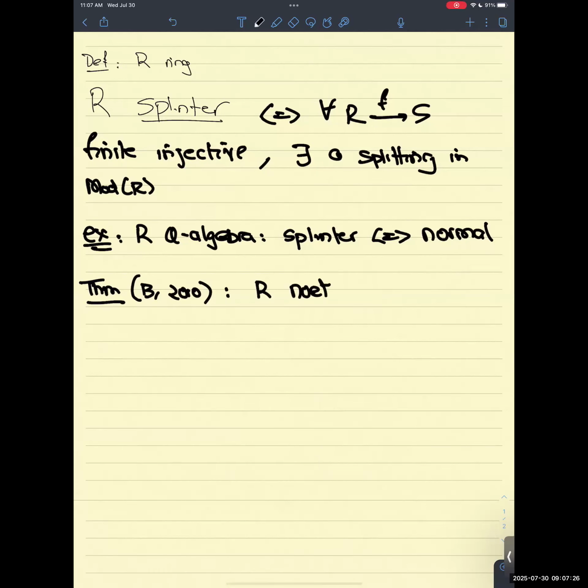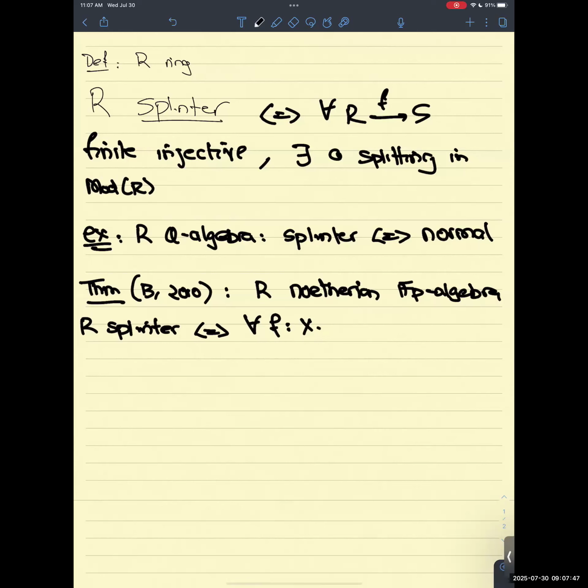So let's say R is a Noetherian F_p-algebra. Then the statement is that R is a splinter if and only if it satisfies the following derived version of the splinter condition. So you replace finite with proper, essentially, is the punchline. So let me write it.